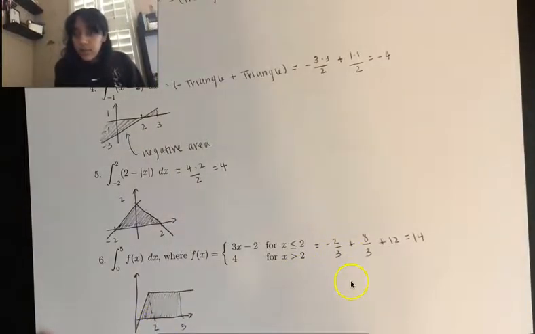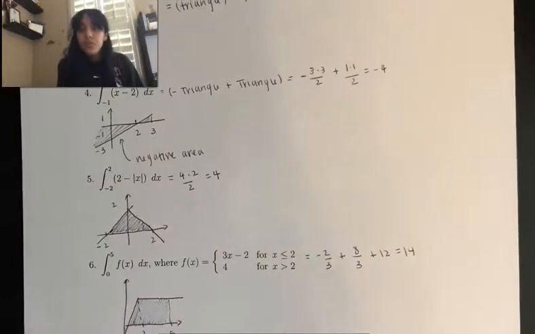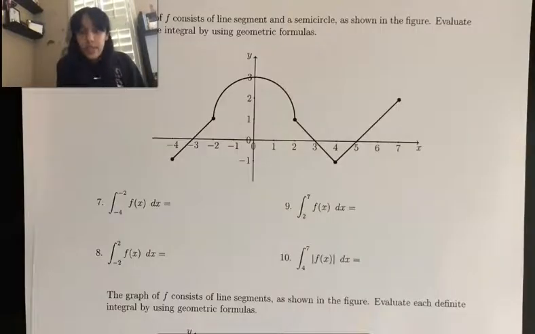So it would be negative 2/3 times 2 divided by 2, because that's your little triangle. And then for your big triangle, it would be 4/3 times 4 times 1/2. And then for your final big square here, or your rectangle, it would be 3 times 4. And that all equals 14 as your area.